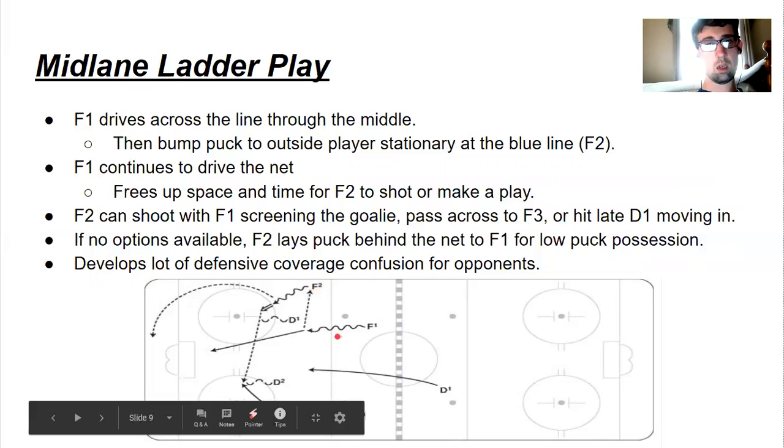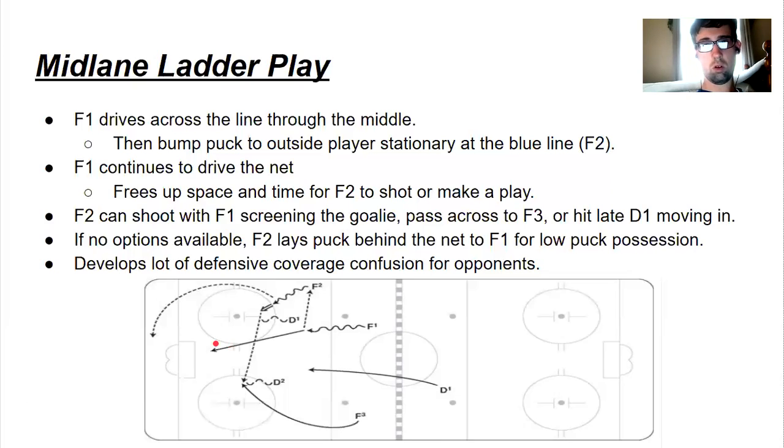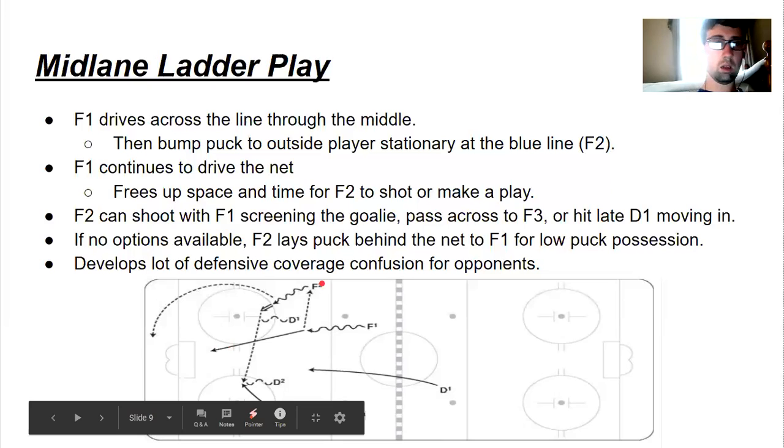At this moment, he'll be down here, near the net, frees up space and time for F2 to shoot or make a play. You can shoot and try to shoot it into the net over here.